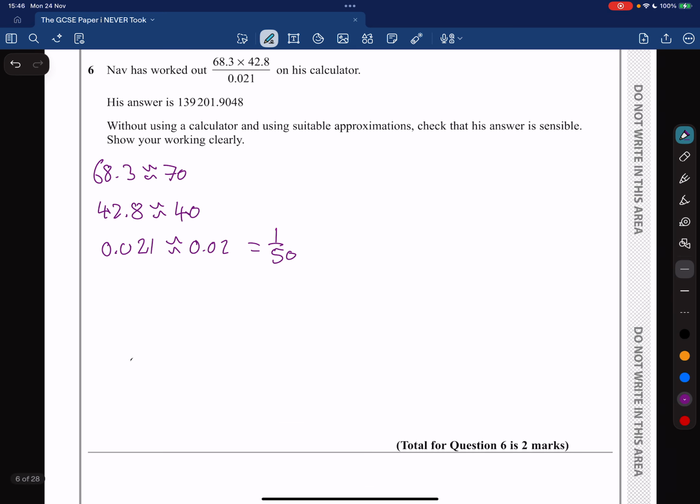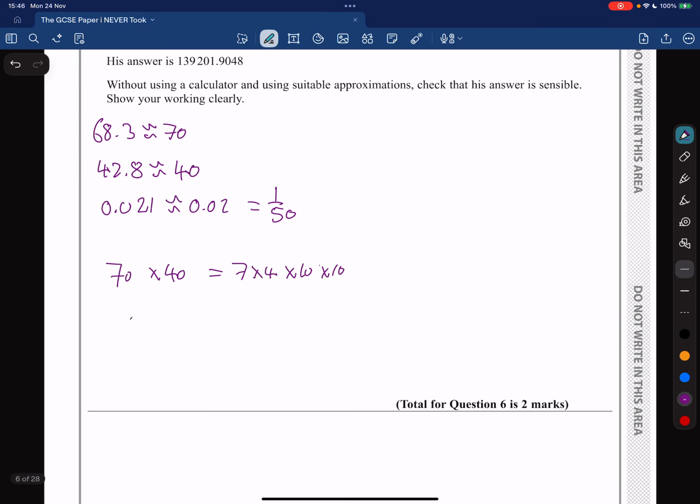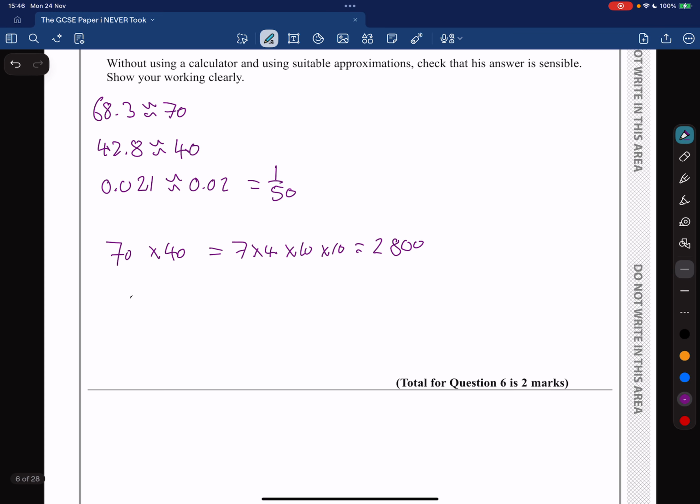Okay, so 70 times 40 is equal to 7 times 4 times 10 times 10, which is equal to 28 times 10, 280 times 10, 2,800. And then we're going to have 2,800 divided by 1 divided by 50.